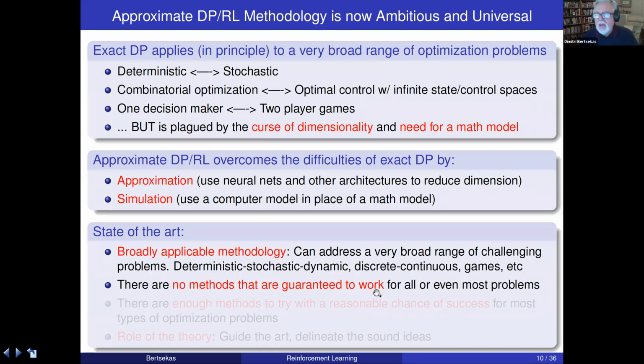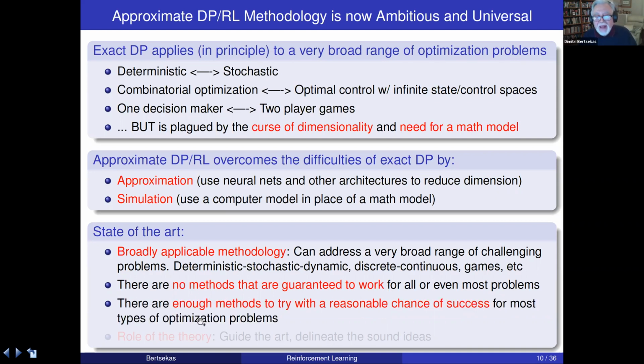And they may not work for a number of reasons. Because they're so complicated, you may have made a mistake, they may need some tweaking, the problem may be very difficult, or the method itself may not be suitable for your particular problem. On the other hand, there are lots of methods that you can try on your problem. Some will not work, but there's a reasonable chance that some will work for any given type of optimization problem.